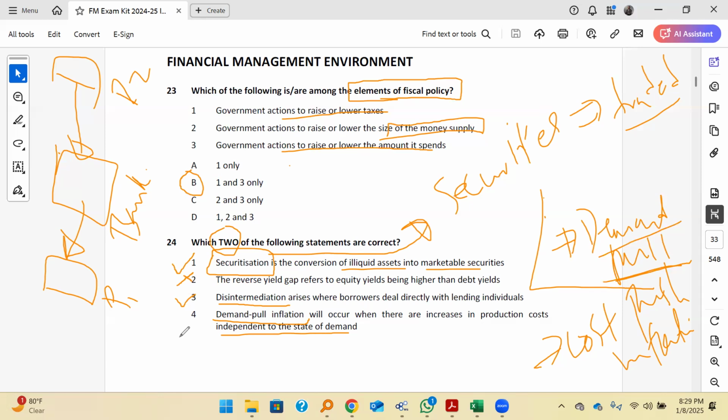Because in that case, it's not the demand, but the people who are making the product increasing the price, or there is a general increase in price caused by other things that have nothing to do with the demand. So this is not correct. So you have points 1 and 3 being the correct answers to this.